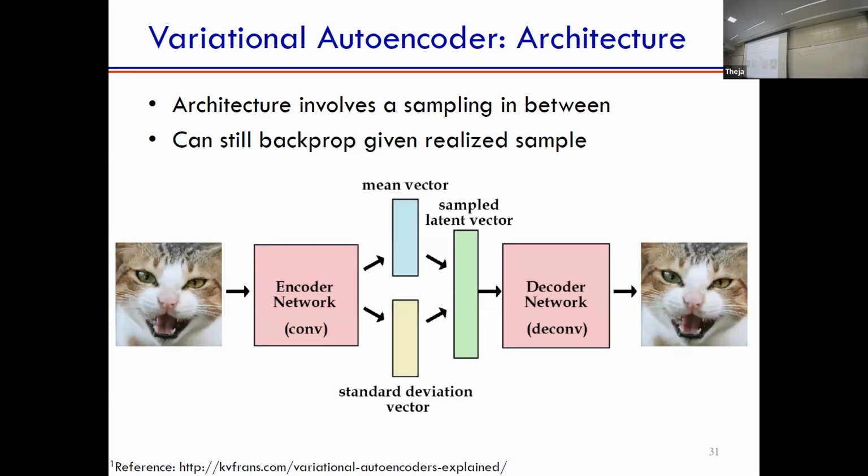But here, if you look at it at first glance, you think there's some discontinuity, because I only produce the mean and the covariance parameters from which I sample something. So how do I backprop? What is the connection here? It turns out that although there seems to be a discontinuity, like a sampling step, you can still backprop through this computation path.